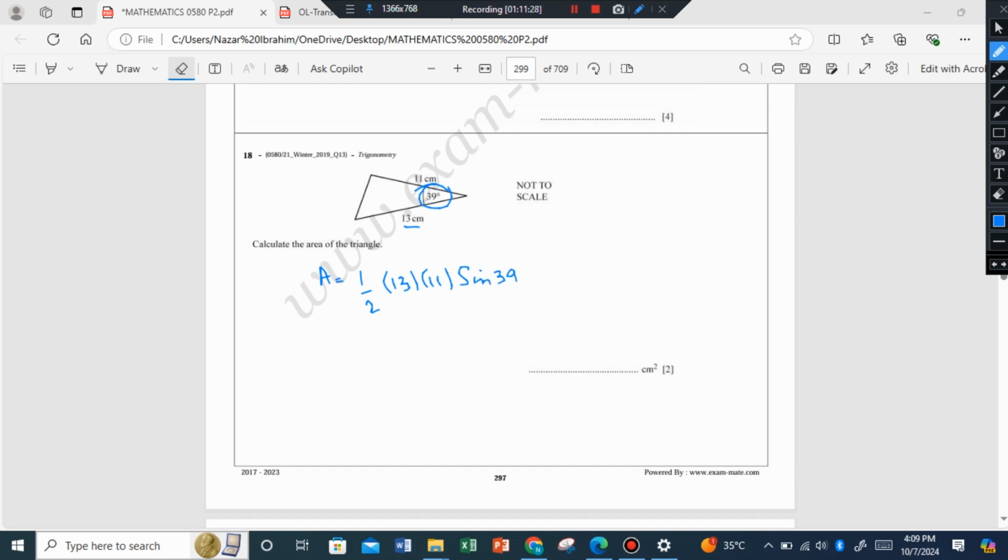The two sides and the included angle: A, B, sine C is given. So solving it, putting the values in the calculator, we get 45, and since it's area, it's centimeter square, given in the question as well.